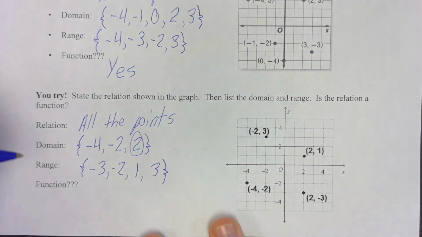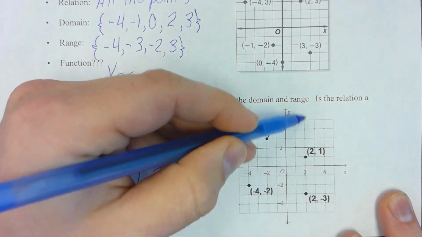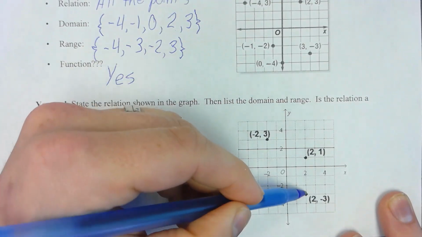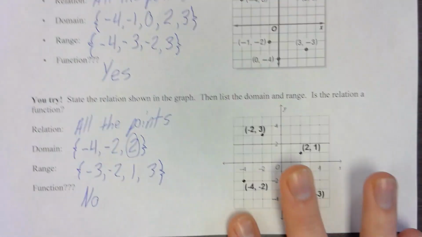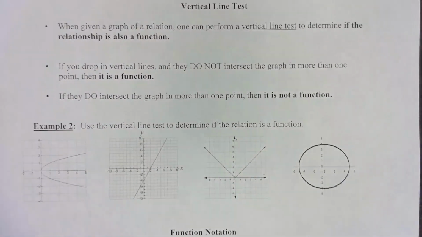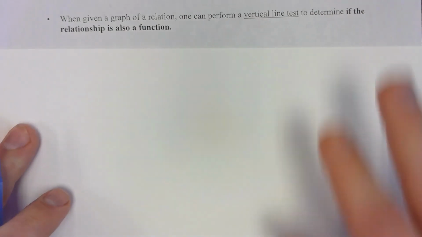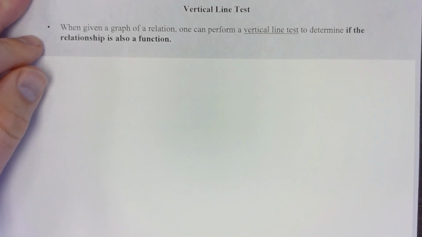Okay, is it a function? Well, this 2 can't repeat. Notice that there's an x value of 2 here and a 2 here. No, this is not a function. Turning over. An easier way to figure out, when I'm given a graph, if it's a function or not a function, is doing something called a vertical line test.